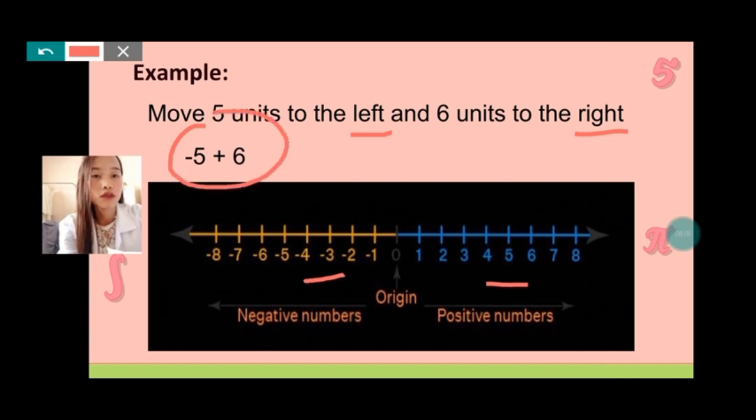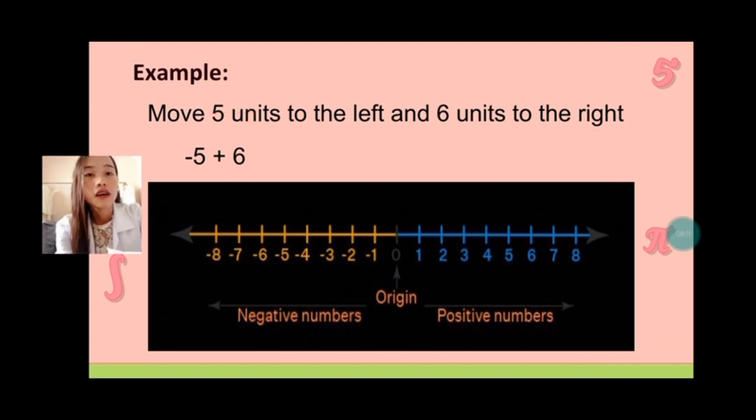So let us solve this problem. We have 5 units to the left, negative 5 units to the left.